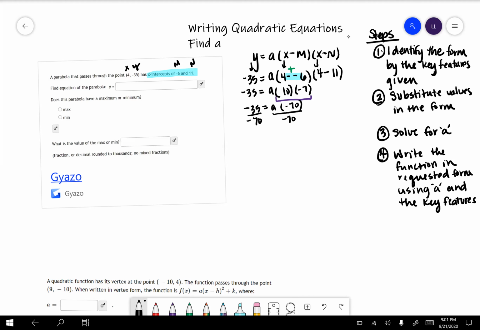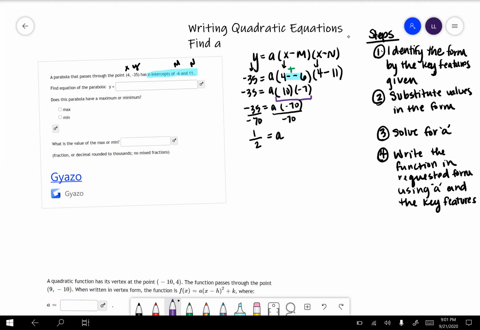All right, so now we have a is equal to negative 35 divided by negative 70. A negative over a negative makes a positive, and 35 over 70 is equal to 1/2. So our a is 1/2. Now we're ready to write our function.